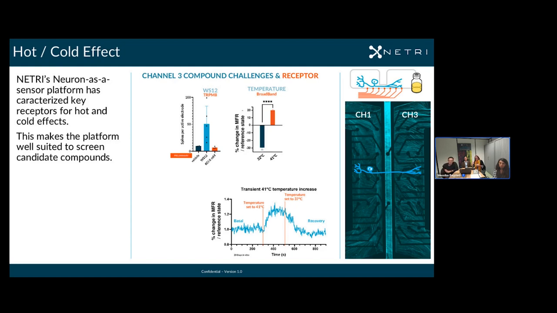For cooling, the change of activity will be a bit slower because it takes a bit longer for the hardware to go down in temperature. We started to have evidence that we can also differentiate and have a really specific profile when we apply an agonist for cold receptors such as WS12.